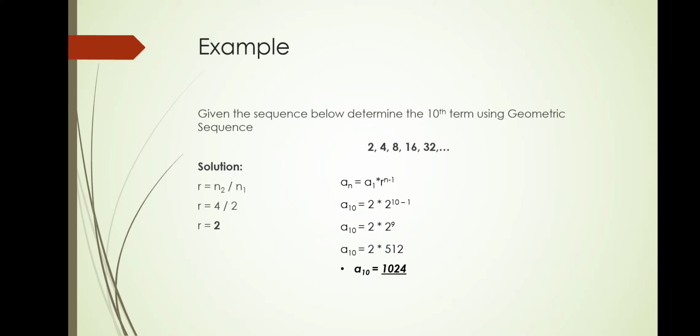Naging 2 raised to 10 minus 1, 2 siya kasi yung na-solve natin na common ratio is 2. Solving the problem, we would arrive to 2 times 512, and our final answer is a sub 10 is equals to 1024.